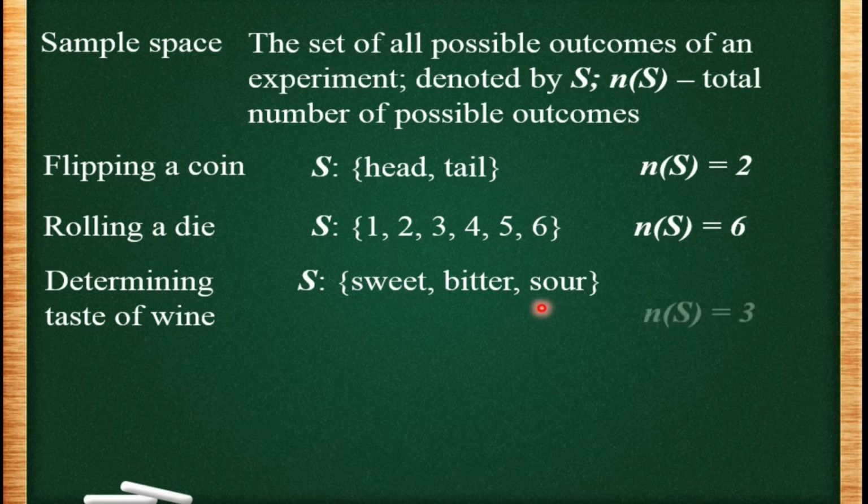And our N of S is equal to 3. That's 1, 2, 3. At this point, I hope you now see the interrelationship between the experiment, the possible outcomes, and the sample space.